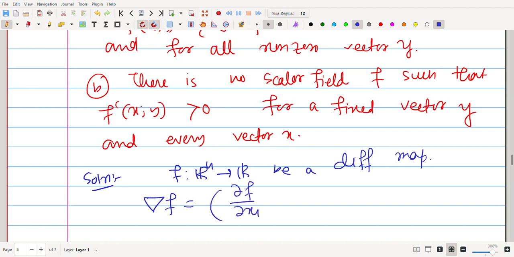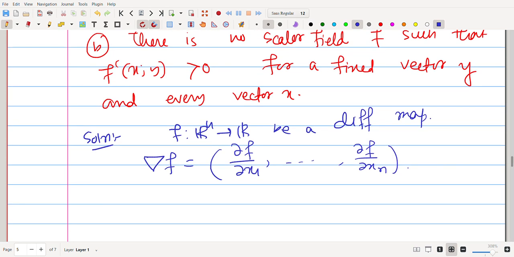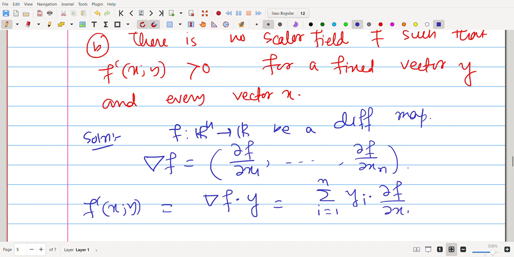It is del f del x1 up to del f del xn, right? So this quantity, that means the directional derivative at x in the direction of y, is the same as the sum over i equals 1 to n of yi times del f del xi.